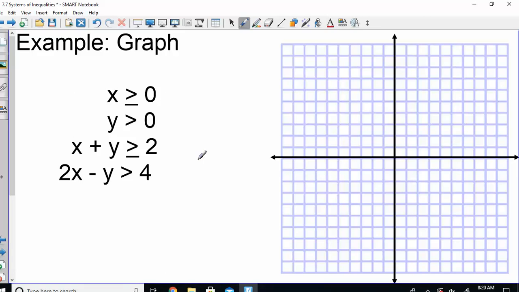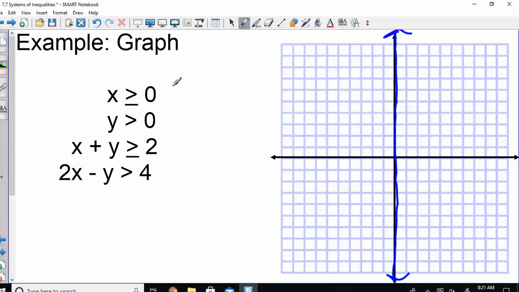First one, x is greater than or equal to 0. If I wanted to graph x equals 0, what is that? X equals is a vertical line. X equals 0 would just be the y-axis. Solid or dashed? Solid. Okay, there's my x is 0.